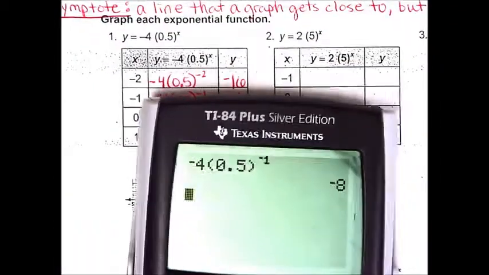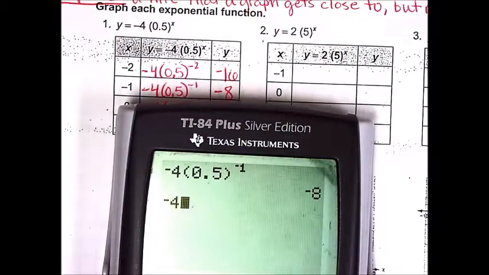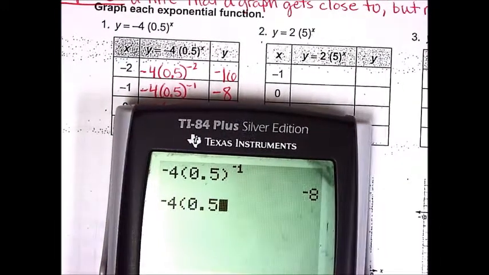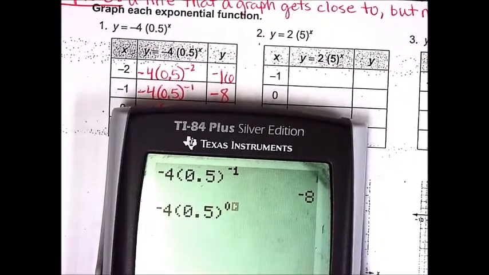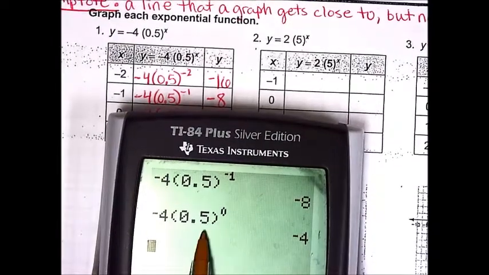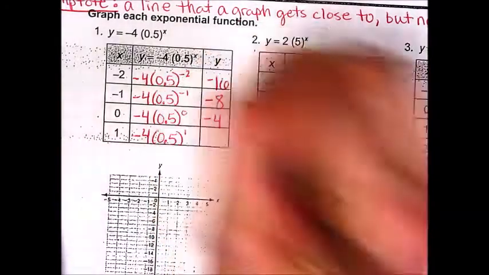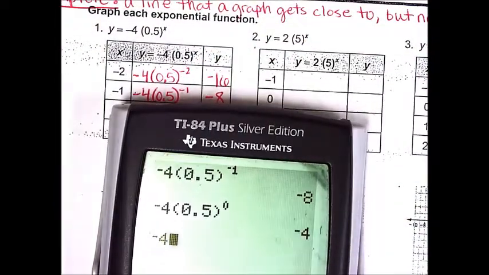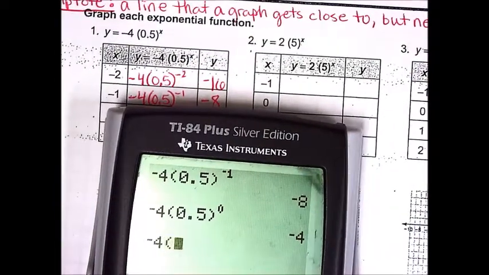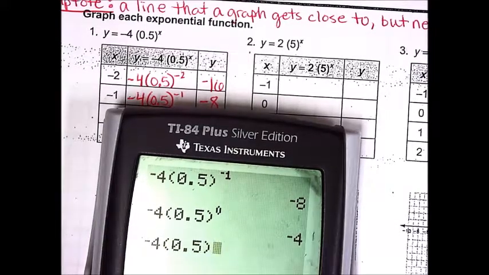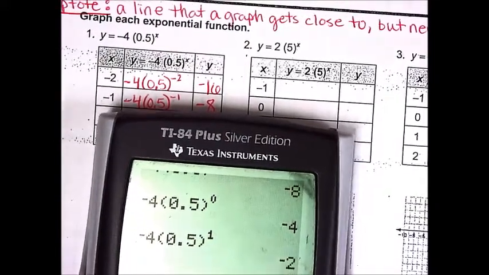Okay, -4 times 0.5 to the 0 is -4 because 0.5 to the 0 power is 1, times negative 4. And then negative 4 times 0.5 to the first is negative 2.